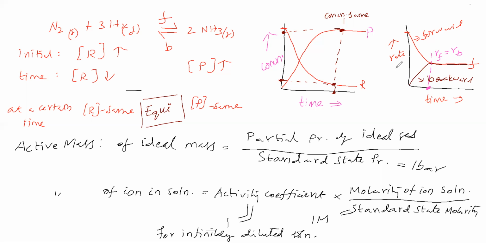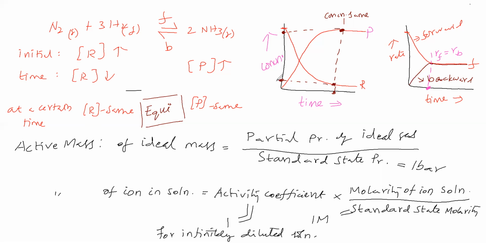Okay, sir. So for rate of reaction and time we have drawn the graph, and concentration and time we have drawn the graph. Once the system has attained equilibrium, rate of forward and rate of backward remain constant and equal. But concentration of reactant and concentration of product at equilibrium are not the same.